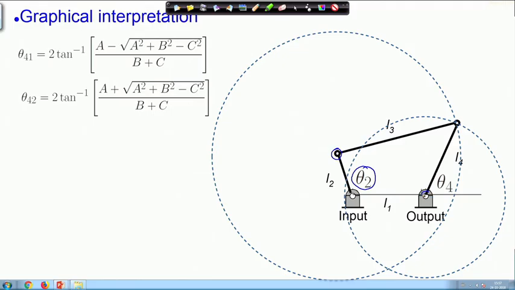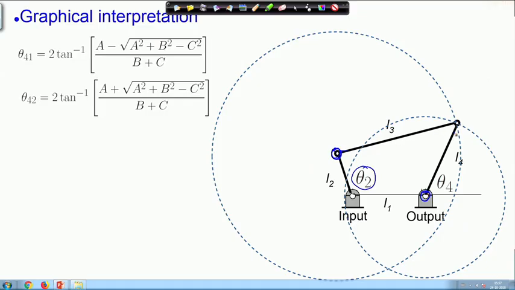and this ground hinge is also fixed. So, the location of this ground hinge. Now, between these two hinges, therefore, I have to attach the link L3 and the link L4. Now, it is possible in two ways.